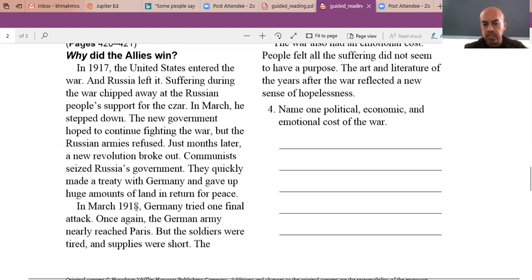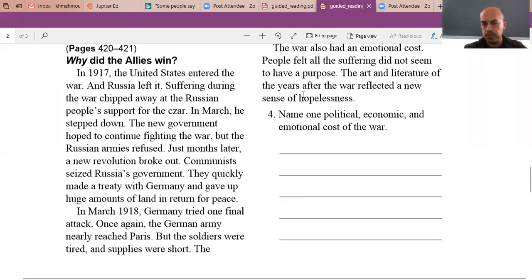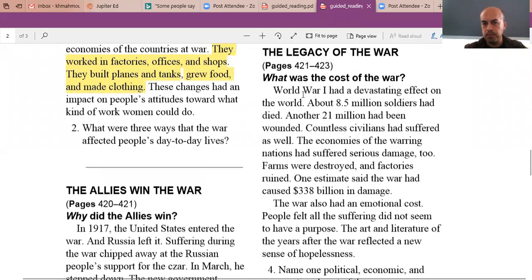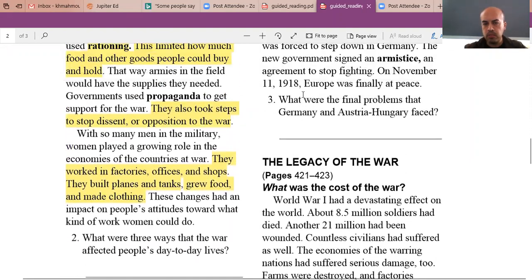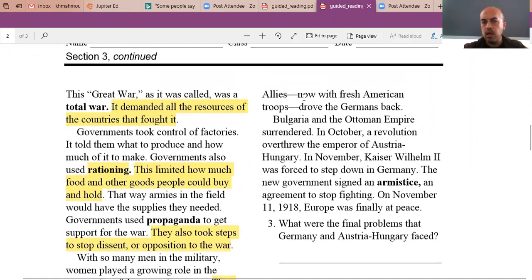In March 1918, Germany tried one final attack. Once again, the German army nearly reached Paris, but the soldiers were tired and supplies were short. The Allies, now with fresh American troops, drove the Germans back.